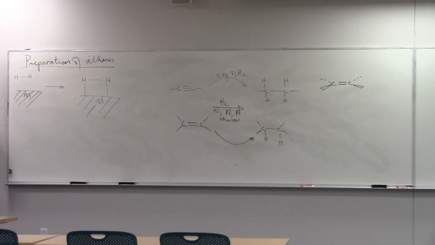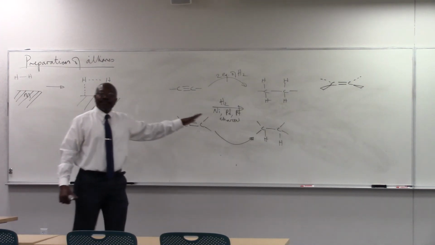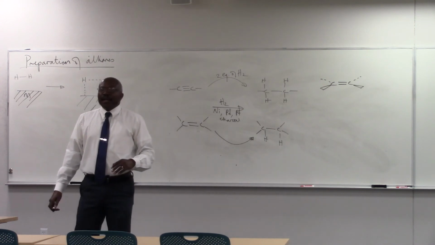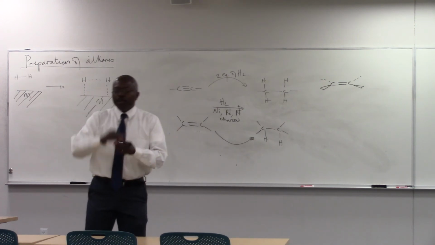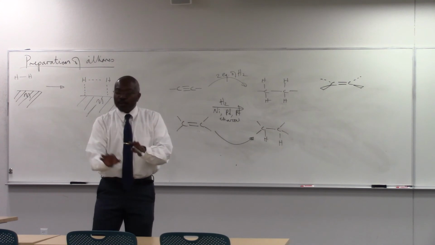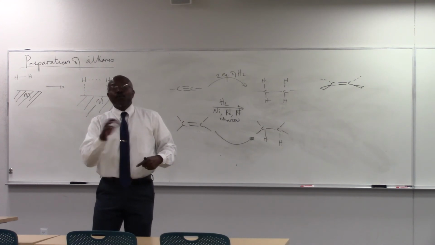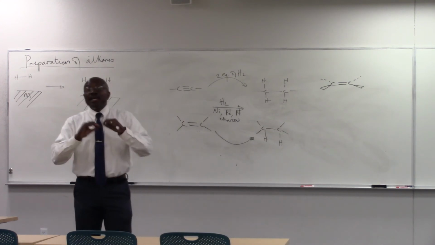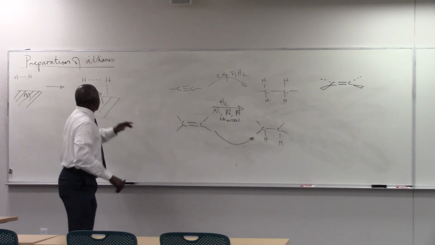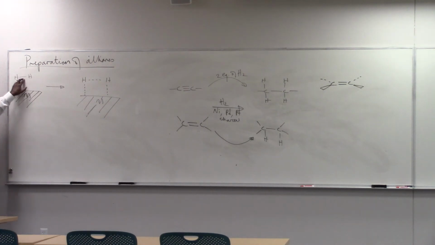Now let me explain what's happening. The metal we're using is, as you can tell, a transition metal. And transition metals have low-lying, in other words, low energy, vacant orbitals, into which the electrons in the H-H bond can be donated.